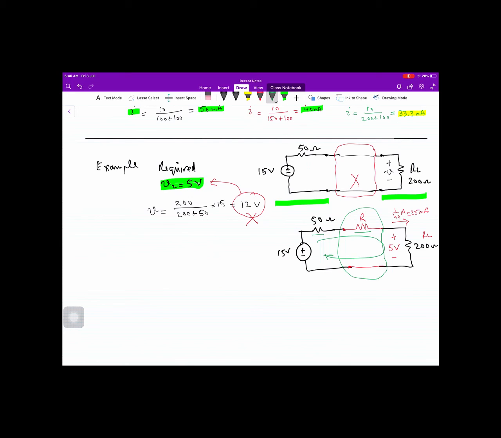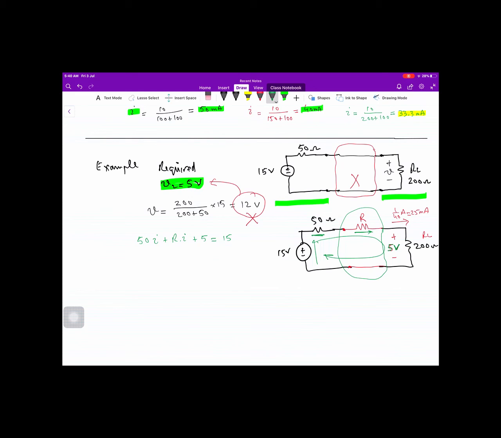In this mesh equation we start from 50 I, current is flowing, plus R multiplied by I is the voltage across this resistance, and then we have this voltage, the 5 volt. This is given. We have to meet this requirement, 5, and then equal to, closing the loop over here. So this is voltage rise.